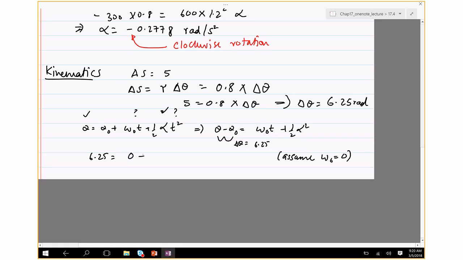So 0 plus half times 0.2778 times t squared. Well, this is really negative, and to be really particular, I need to put negative because that's what I got. But I need to put negative 6.25 because the angle turned is clockwise and not counterclockwise. So counterclockwise is positive, clockwise is negative. So I need to put that CW. So I can solve for t from this. Comes out to be 6.71 seconds.